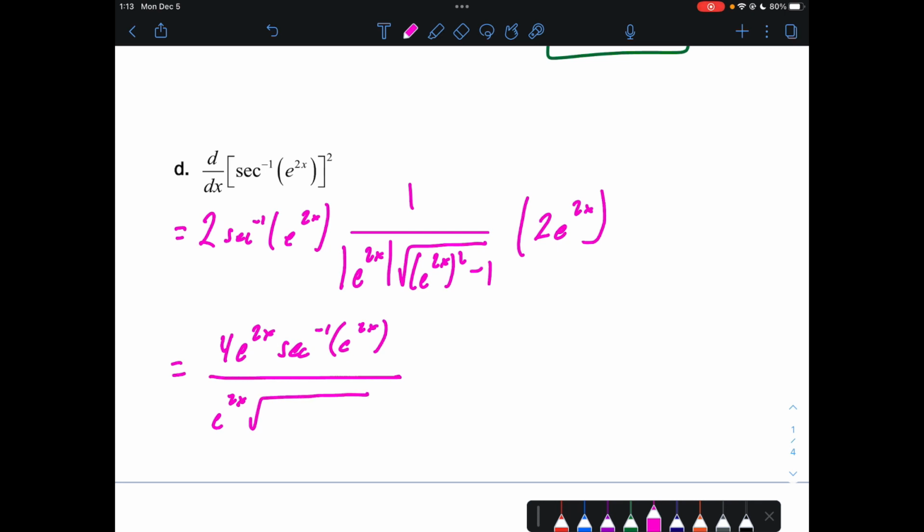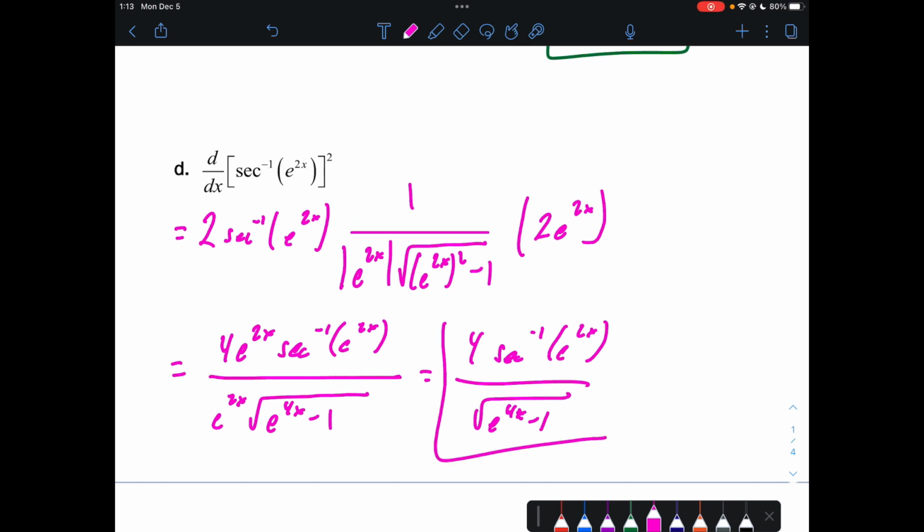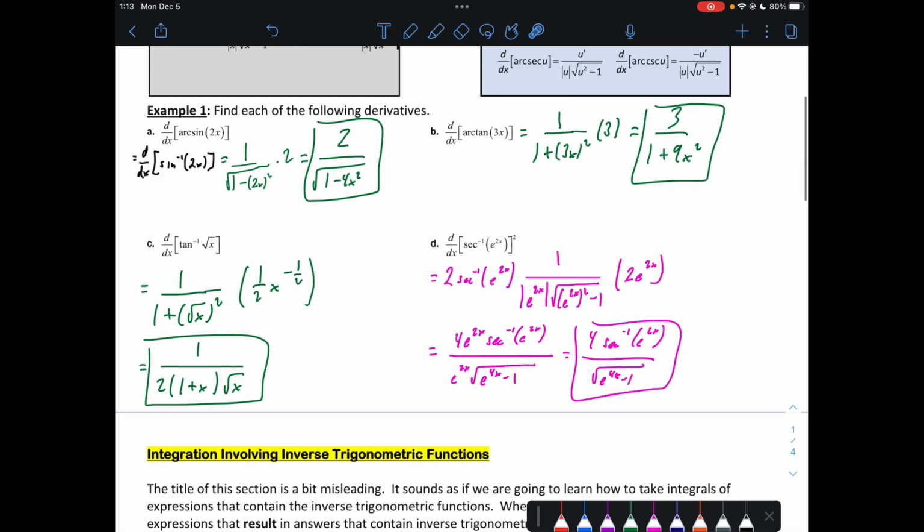Root e to the 4x minus 1, and then these could cancel out here, and that would give me 4 secant inverse e to the 2x over root e to the 4x minus 1. Now this is only something you're going to want to do if this is a multiple choice question. If it was a written question, I would highly suggest to leave it right there. All right.